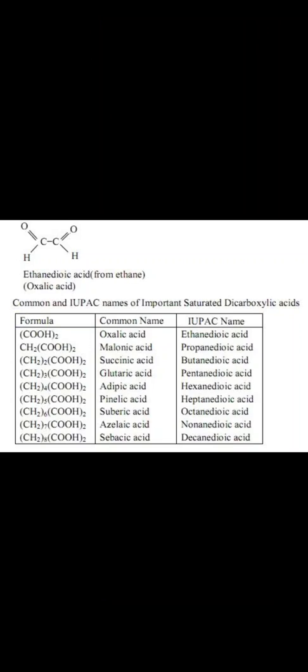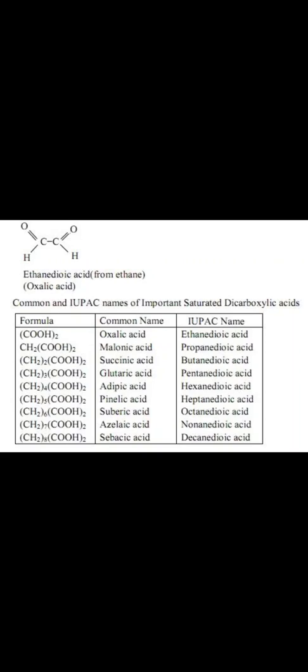Then there is malonic acid, propanedioic acid, with three carbons. With four carbons it is succinic acid, butanedioic acid, and with five carbons the dicarboxylic acid is called glutaric acid, common name, and the IUPAC name is pentanedioic acid.